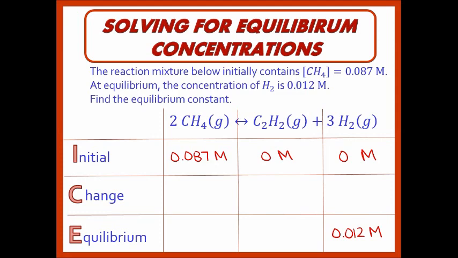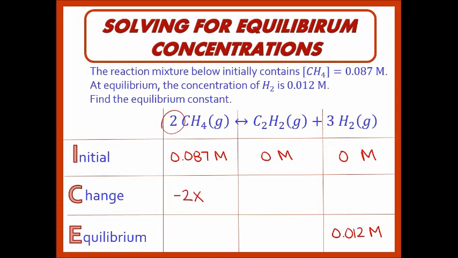For our reactants, since we're going to be forming products from the reactants, we're going to be losing reactants, so we're going to be subtracting some factor of x. This factor is dependent on the coefficient in the balanced equation in front of the respective reactant. In this case, we're going to be subtracting 2x from the initial reactant concentration of CH4.